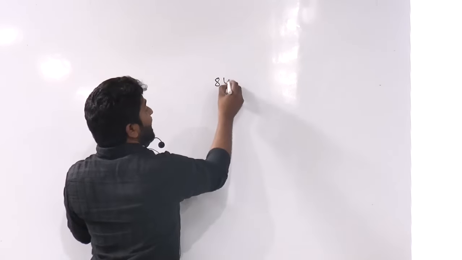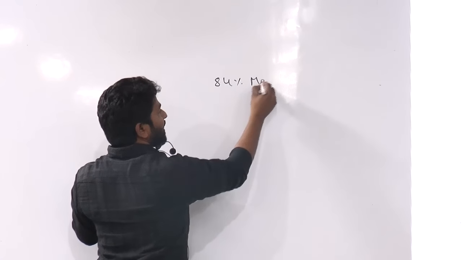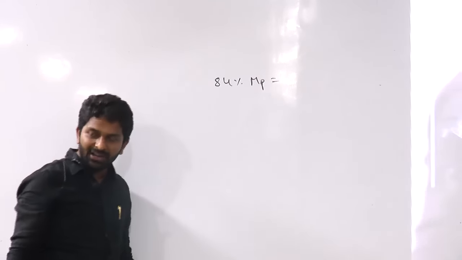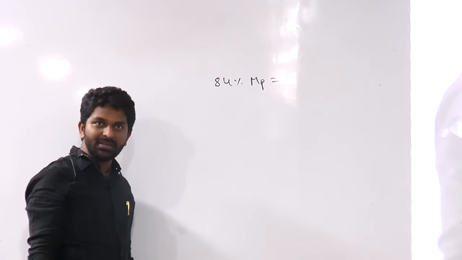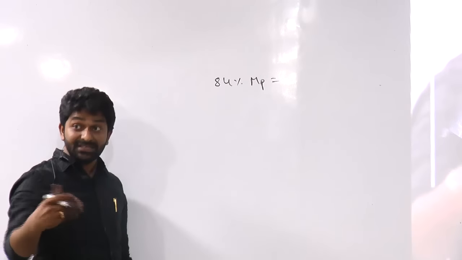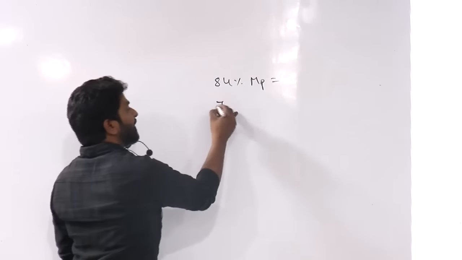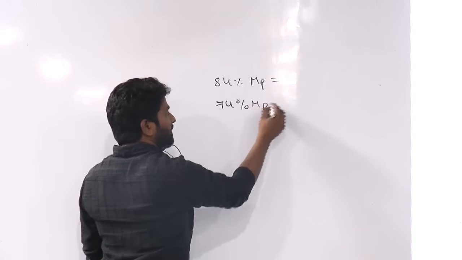Right. So if he is giving 16% discount, he will sell it for 84% of market price. And if he gives 26% discount, he will sell it for 74% of market price.